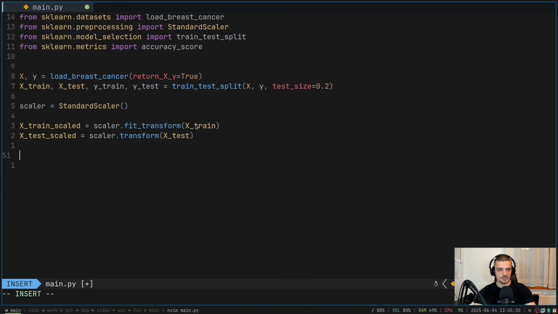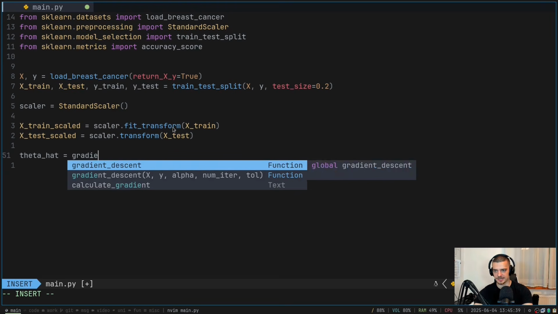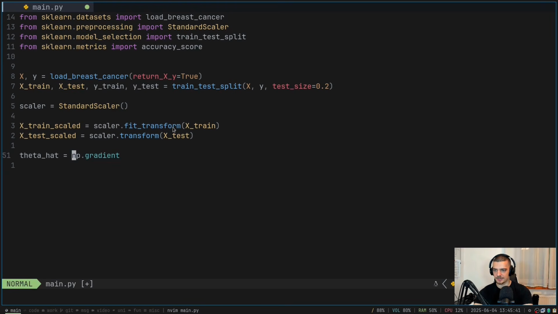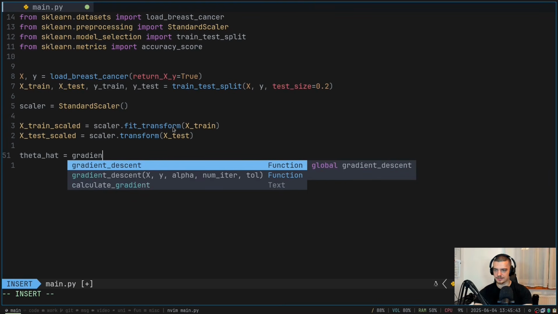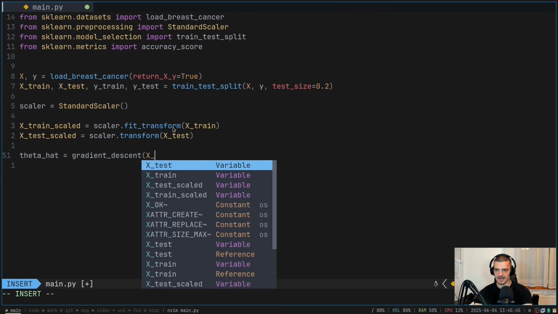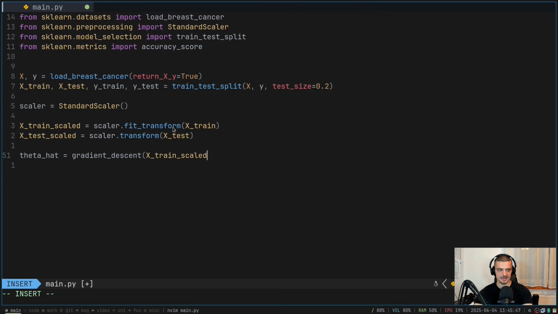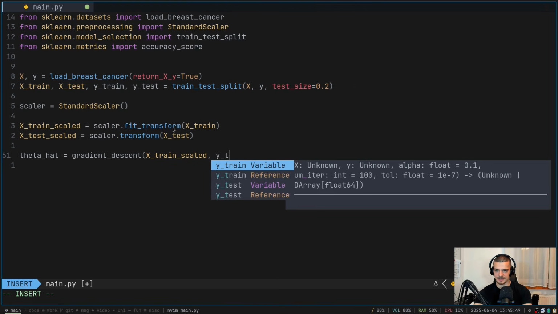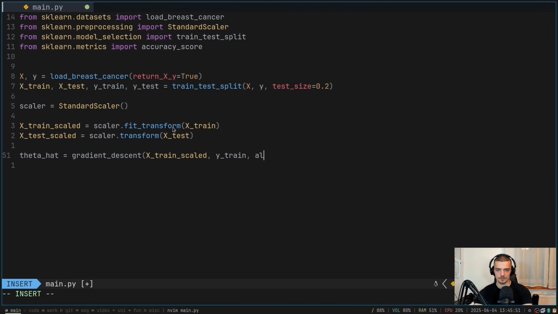And now we can do the training. We can say theta_hat is going to be the result of gradient_descent. So I'm going to say gradient_descent, not np.gradient, given our X_train_scaled data, given the y_train ground truth, and given a learning rate of, yeah, we can just do 0.1 explicitly, or we can do nothing because the default is 0.1.